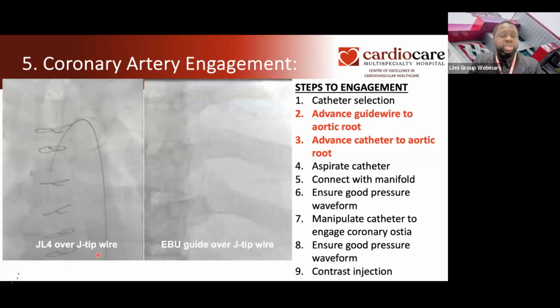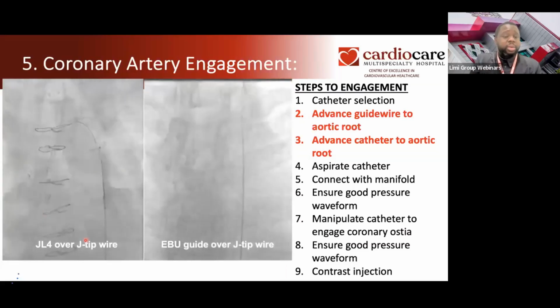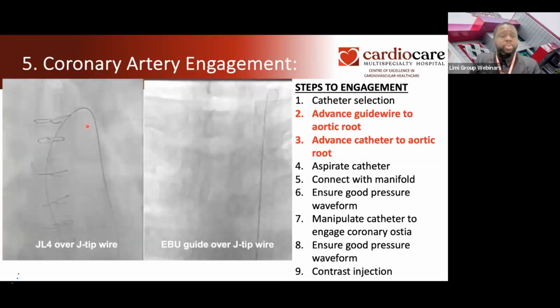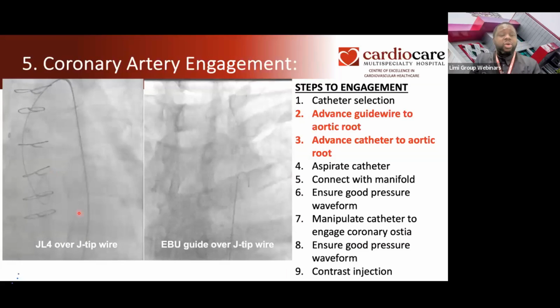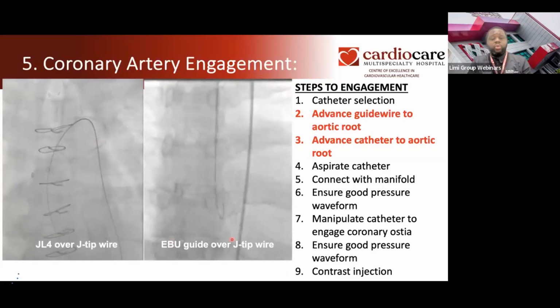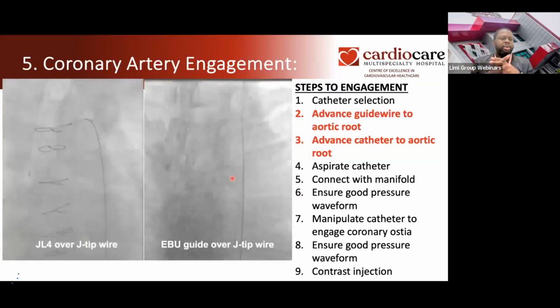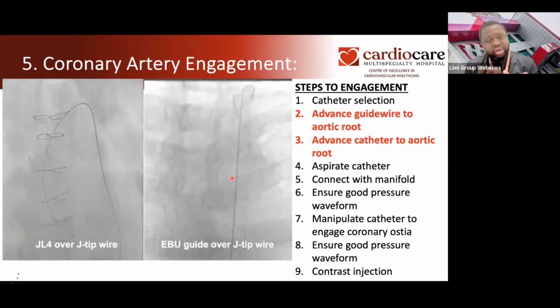So if you see the wire going up, this is a patient that has had a coronary artery bypass graft. You can see the wire they used to tie the sternum together. And the wire goes up like a rail straight across. Then after it, you can see the catheter coming, and then we pull out the wire. Okay. And in an EBU, same thing. That J-tip wire goes in, and then we pull out the wire, and then we are in. It looks very simple. It actually is very simple.